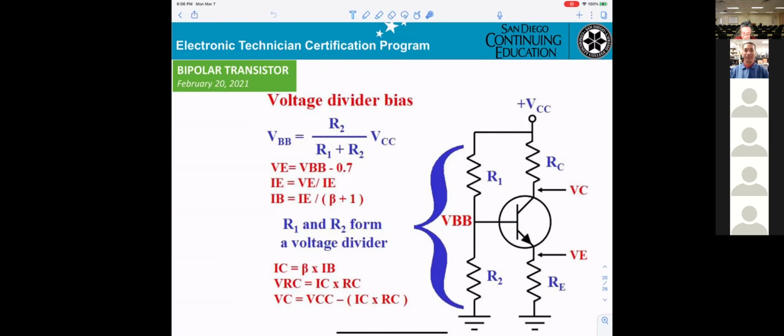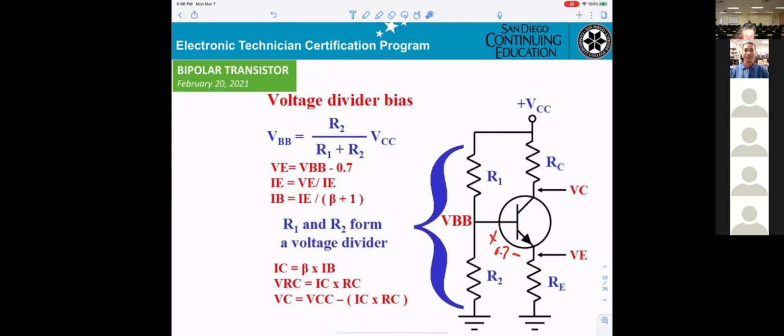So after you get VBB, you want to get VE right here. You understand, from VBB go to the emitter, you get plus or minus 0.7 volt. This is a diode here. So that's why you want to calculate VE.